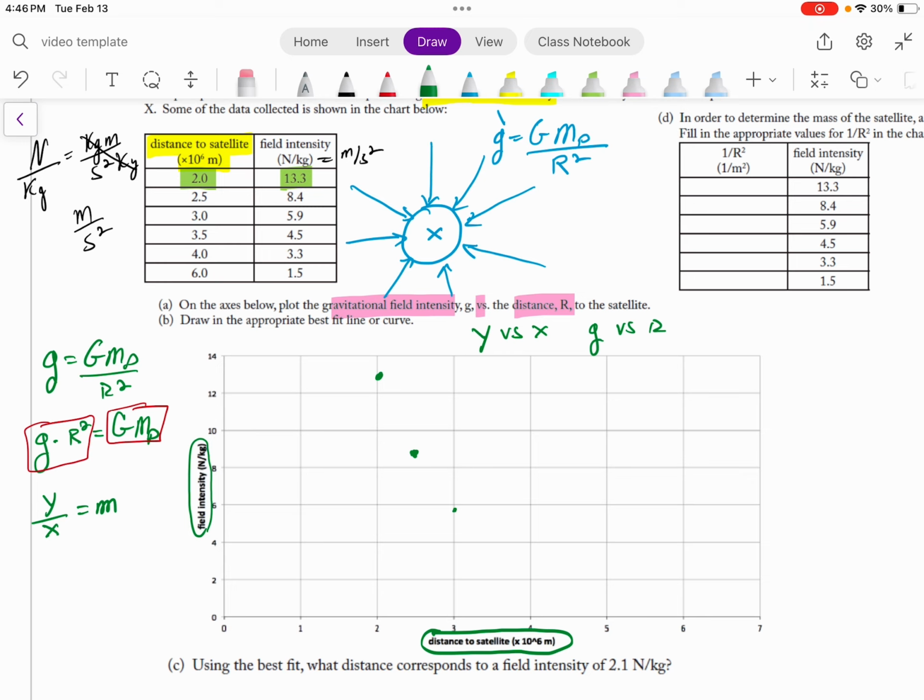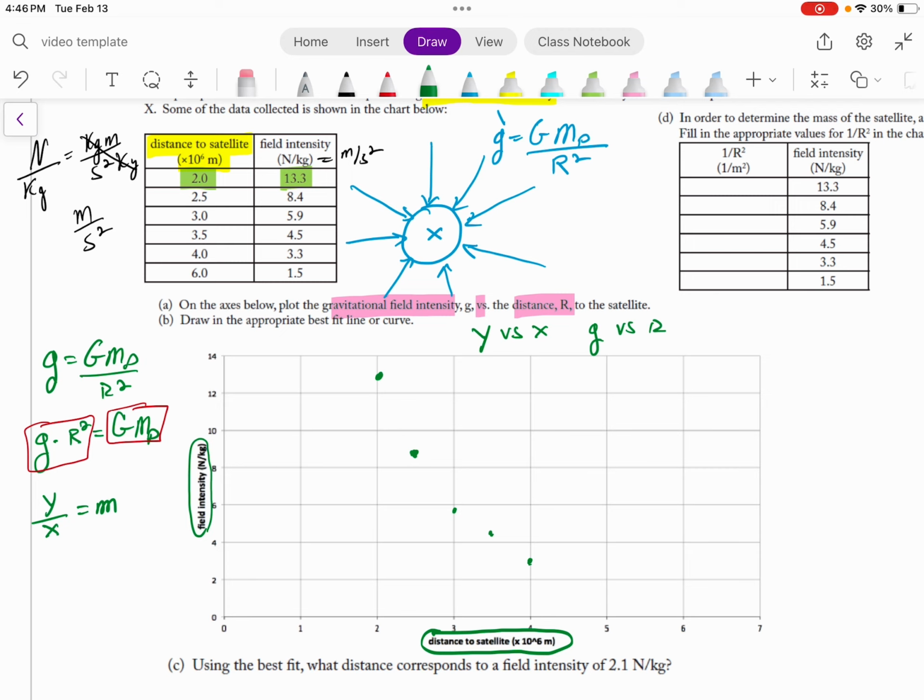Something like that. And then I have 4.5. And that number should be at 3.5, so somewhere right there. And then I have 3.3 for field intensity at a 4, so somewhere right about there, we'll say.